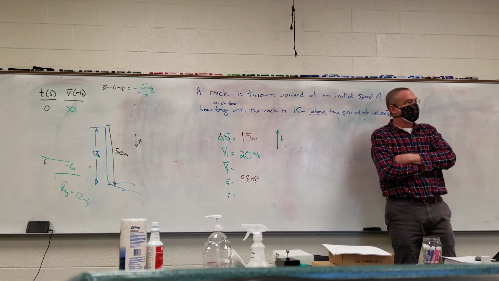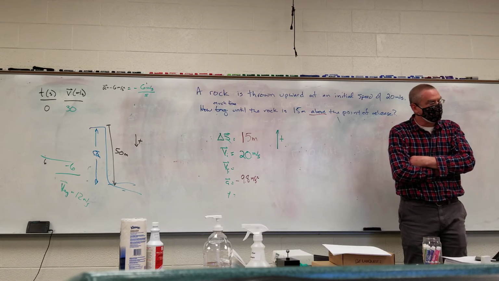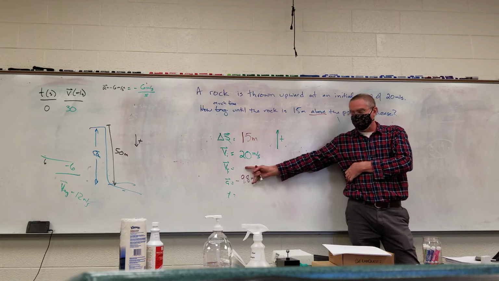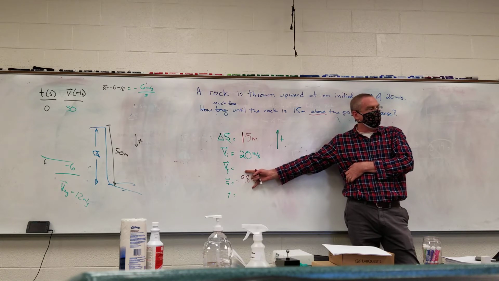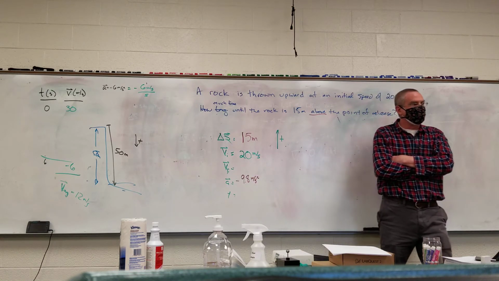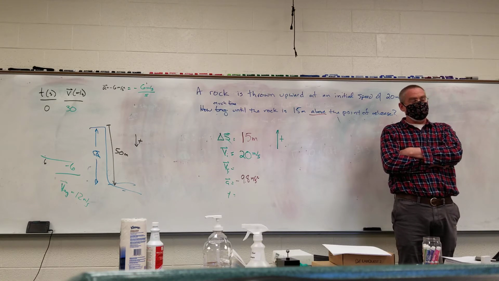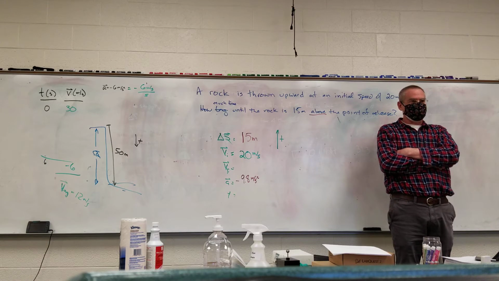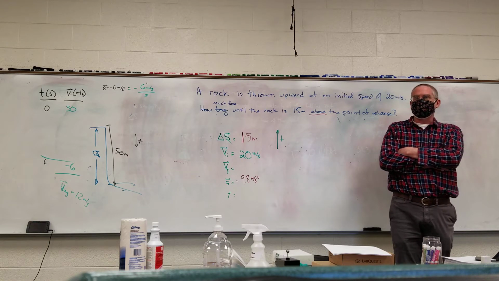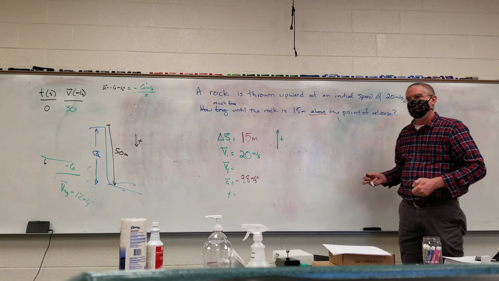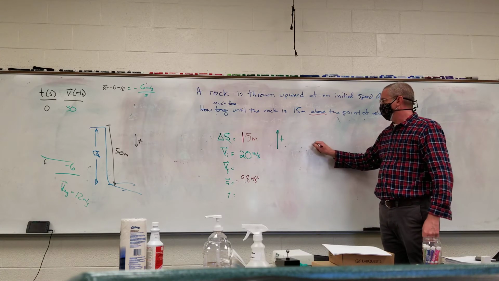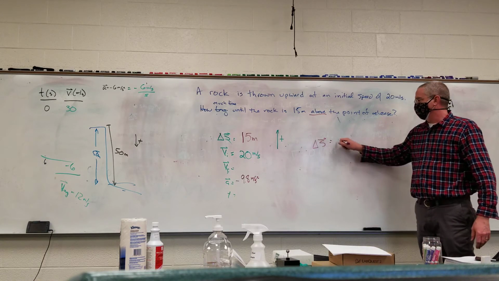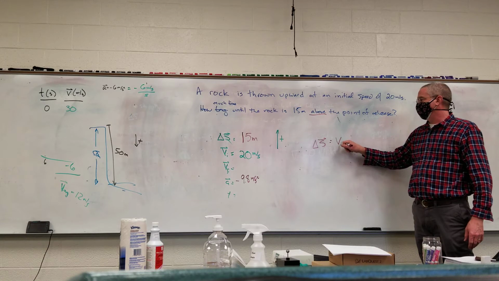Is it the first one? Initial velocity plus acceleration. Trouble with the first one is I don't know V_f or t. I'm solving for time and I don't know V_f, so I want the equation that doesn't have V_f in it. The third one: delta S equals the initial velocity times t and the 1/2 acceleration t squared.